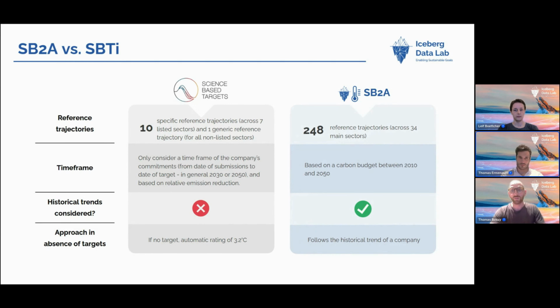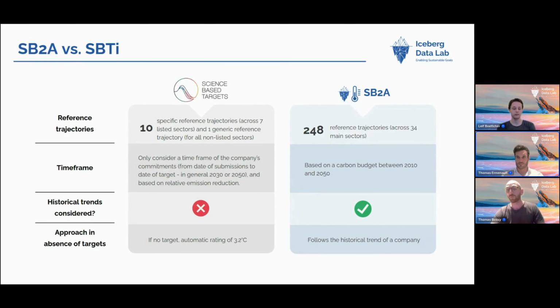While on our side, we have 34 main sectors, which we decline into sub-main sectors and sub-main services. And in total, we have almost 2050 reference trajectories. Concerning the time frame, SBTi will only take into account the target. There are conditions to certify a target, but once it is certified, the temperature will be given only based on the targets and not at all on the historical behavior.